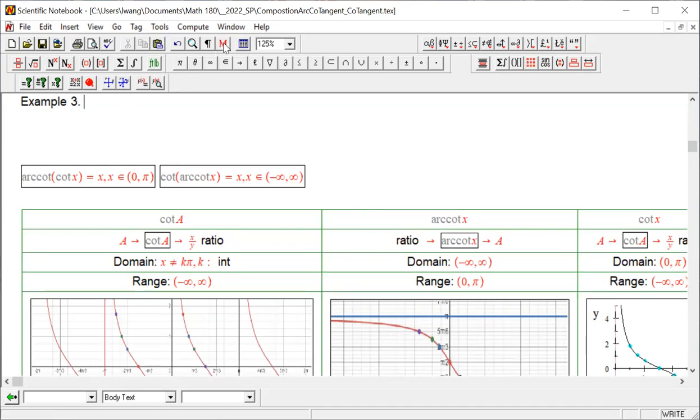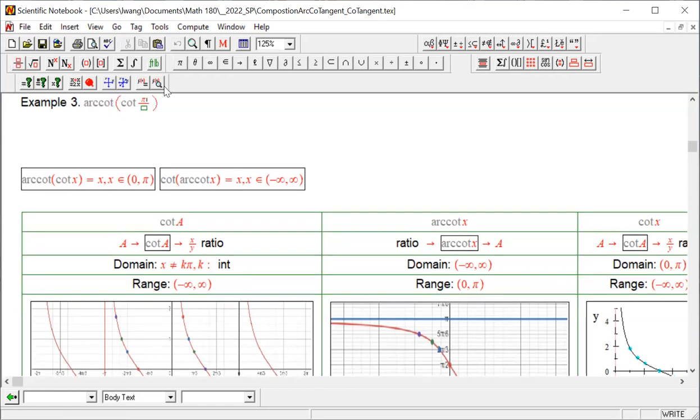In this case, I have arc cotangent of cotangent pi over 3. The first thing you would think of is whether one of the shortcuts applies. Yes, this first one applies.